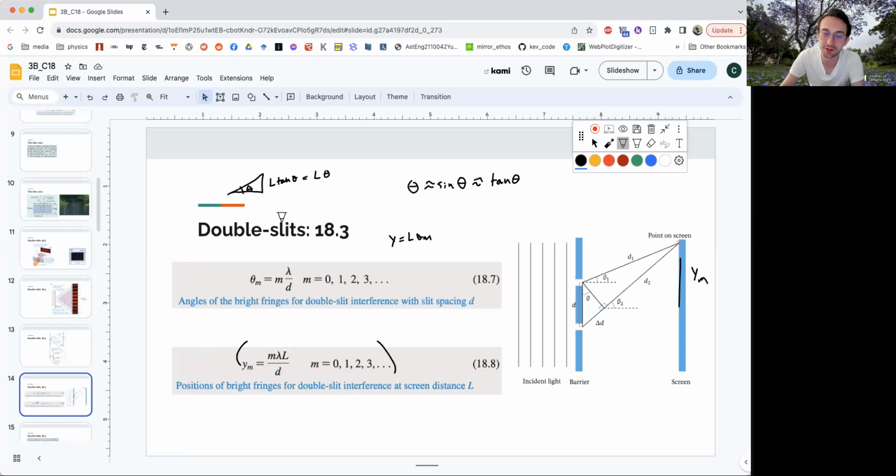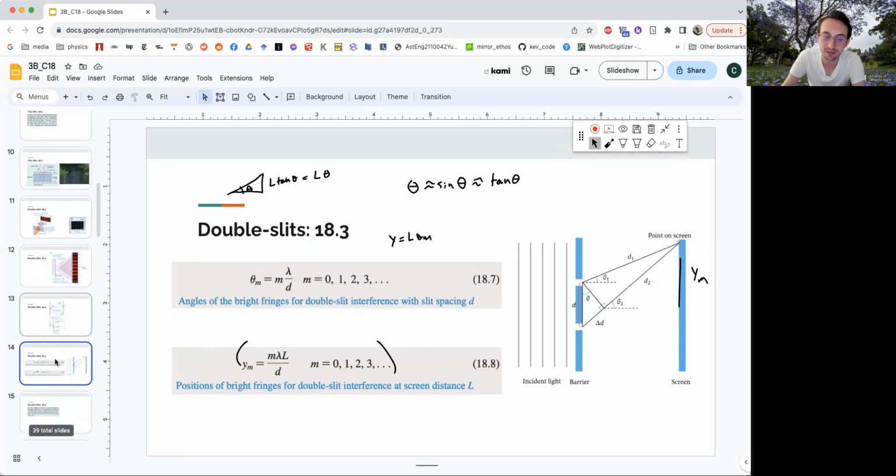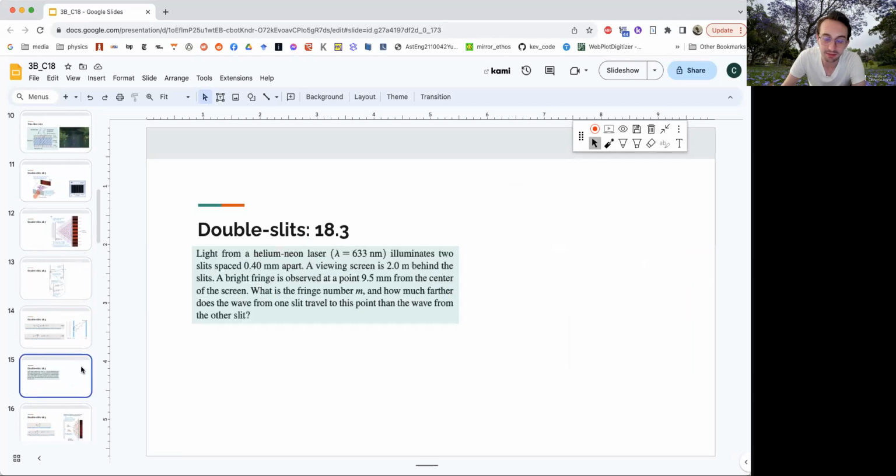So you can see we're assuming in both of these equations that the angle theta is very small in order to use our approximation. So at the end of the day, we can find the positions of these bright spots using this nice formula here.